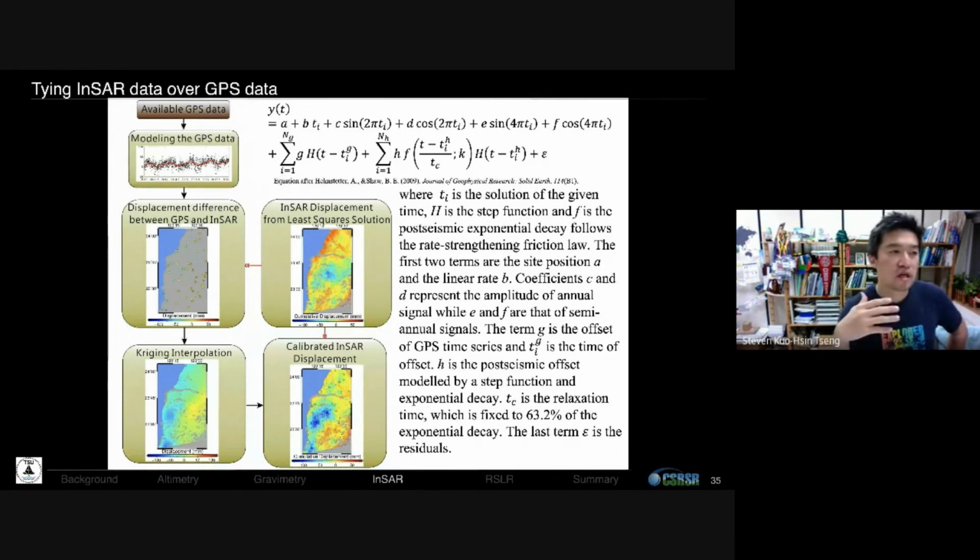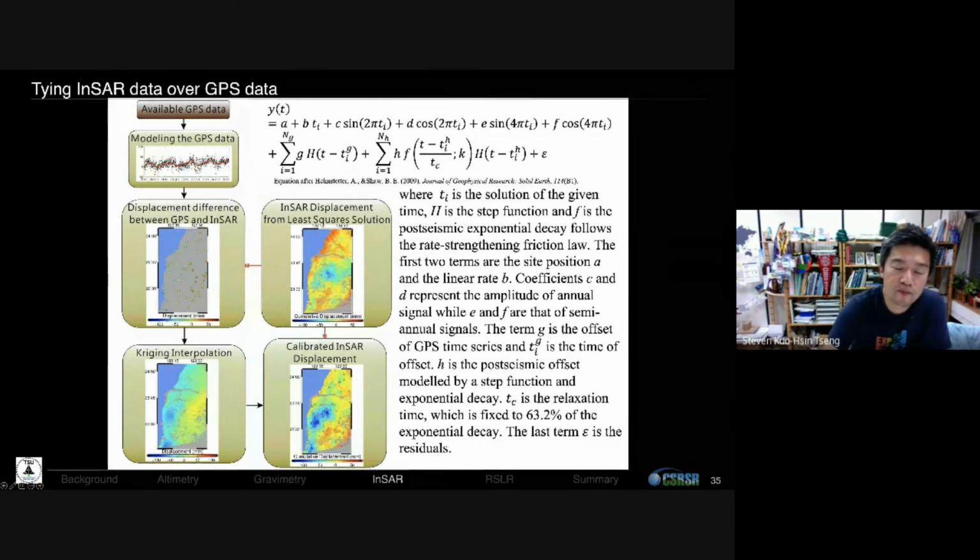So if you don't control it, basically away from the reference point or away from your starting point in the unwrapping stage, the longer the distance, the more errors that you will accumulate. So for example, if you see the upper right panel, you can see the margin of your study area is actually away from your unwrapping center.